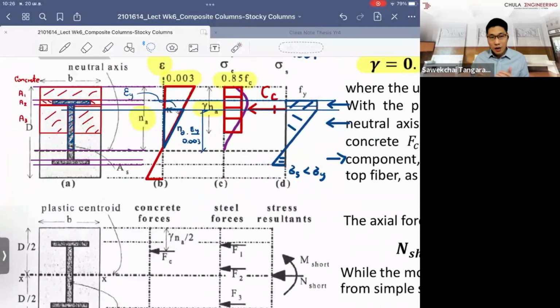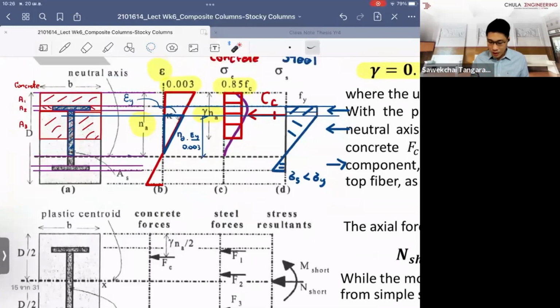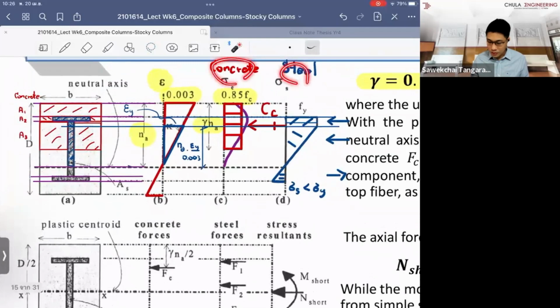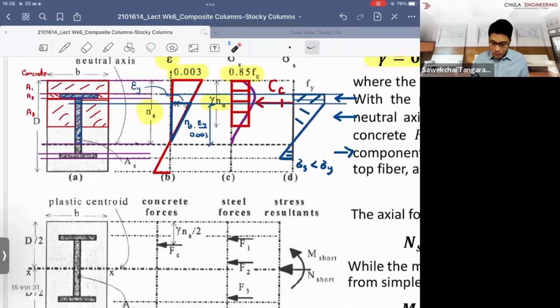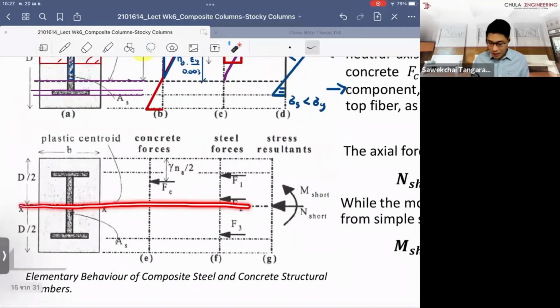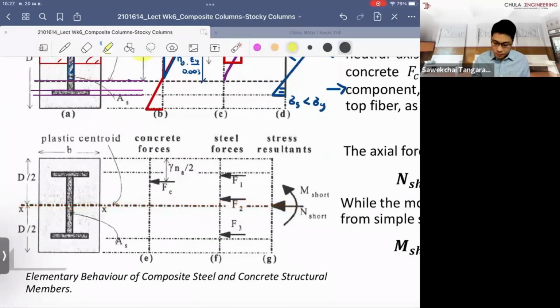And once you calculate all the components of the force that has been developed in the concrete and the steel, of course, you can just take the bending. Listen to me first. You have to take the sum of the bending about the plastic centroid, right? When we do the calculation of the bending about the plastic centroid, you will have the capacity of the bending moment.